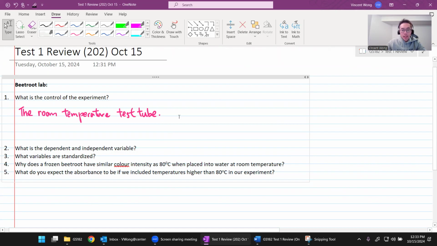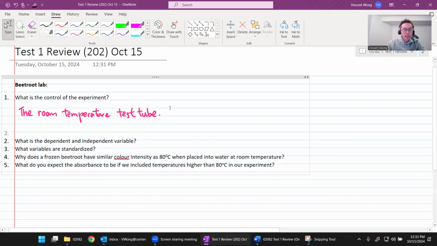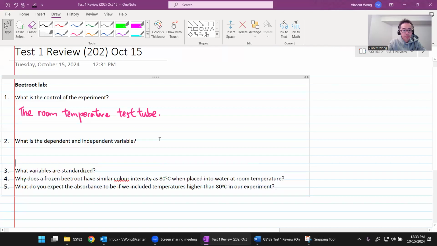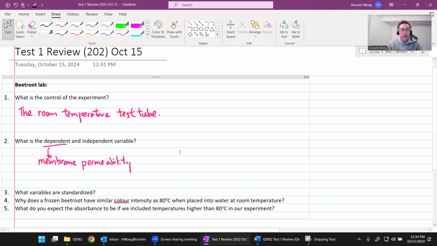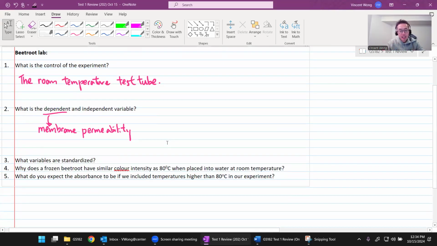Next, what is the dependent and independent variable? The dependent variable is the one that you'll be measuring or observing. In the case of the beetroot experiment, that would be the membrane permeability. And we actually assessed the membrane permeability using two separate ways.